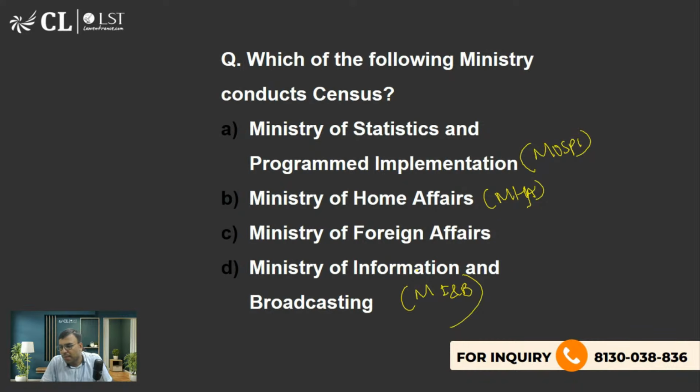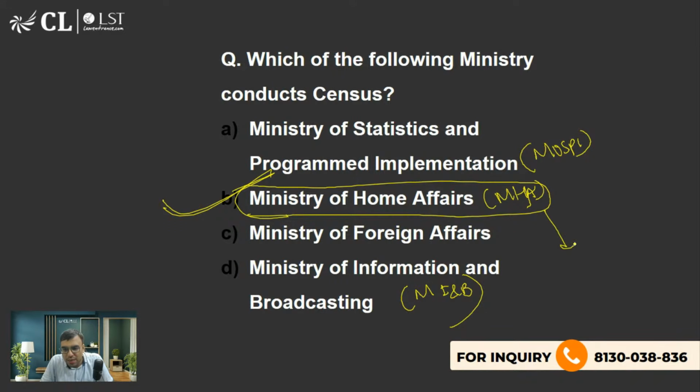People are answering. I'm very happy. Yes, Ministry of Home Affairs, B is the right answer. ठीक है. So what is the name of the office which conducts the census? MOSPI minister कौन है? Let me check.